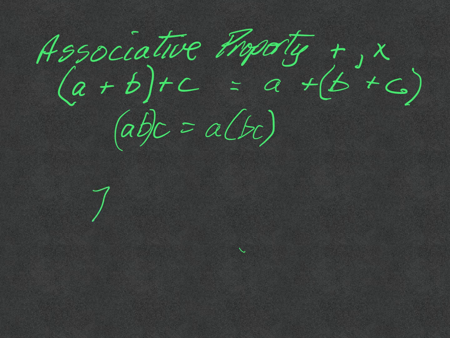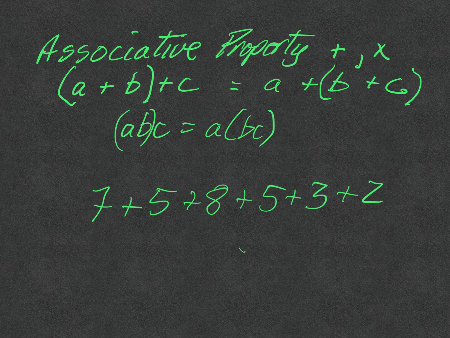7 plus 5 plus 8 plus 5 plus 3 plus 2. So I want to do that. Now, what I notice is that I can swap the 5 and the 8 here. So I could rewrite this as 7 plus 8 plus 5 plus 5 plus 3 plus 2.